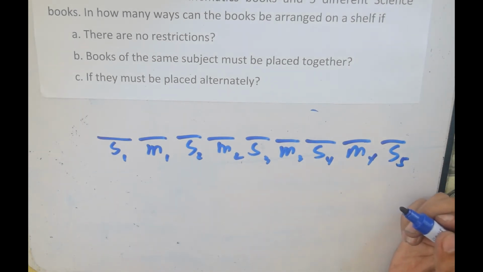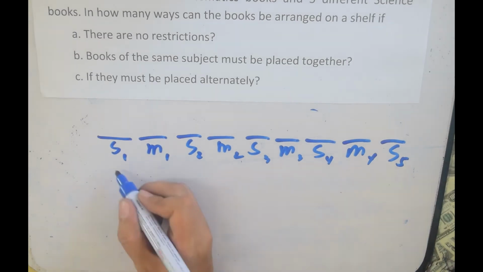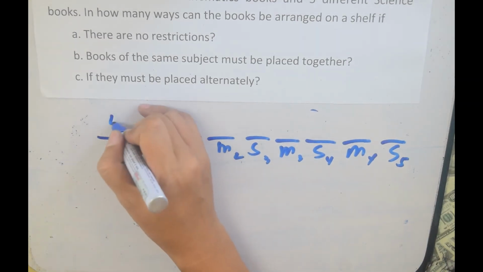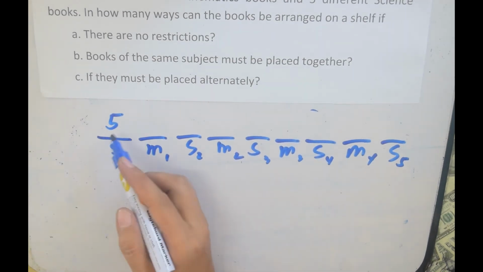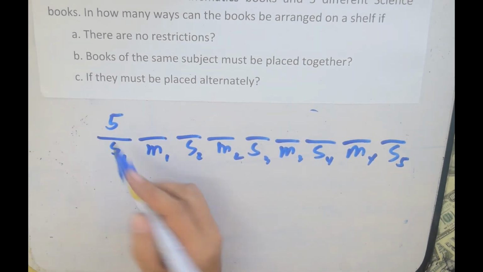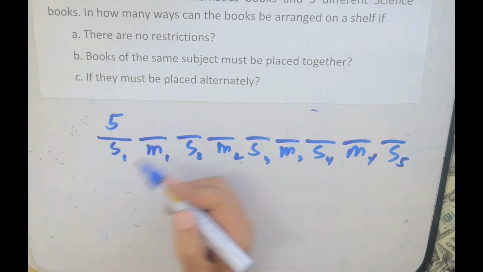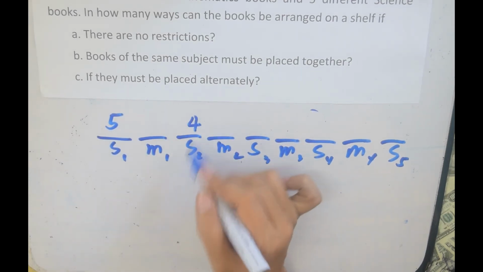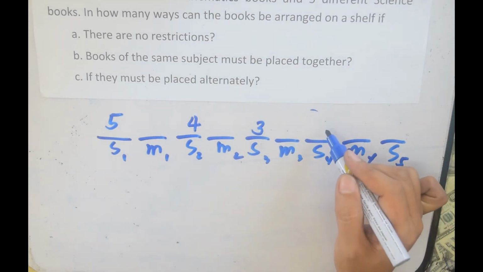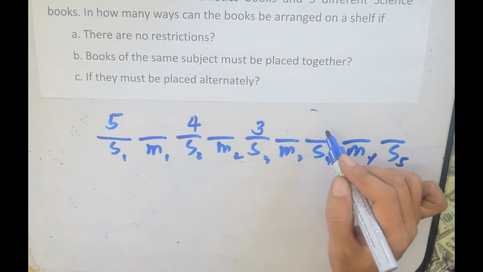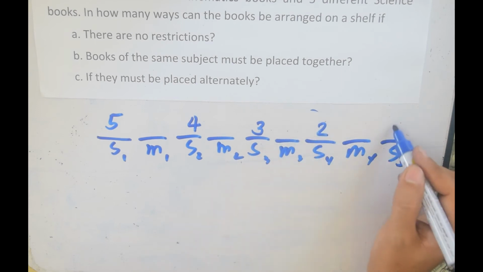Since we have 5 science books, the first one has 5 possibilities. Since you choose one here, there are only 4 here. Since you choose another one, we have only 3, then 2 and 1.